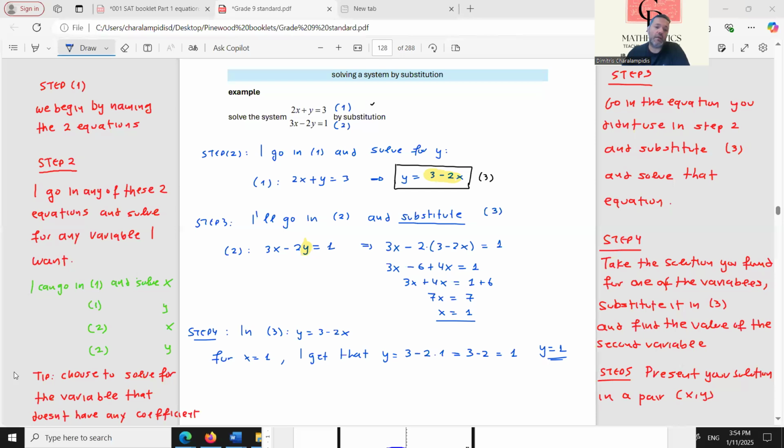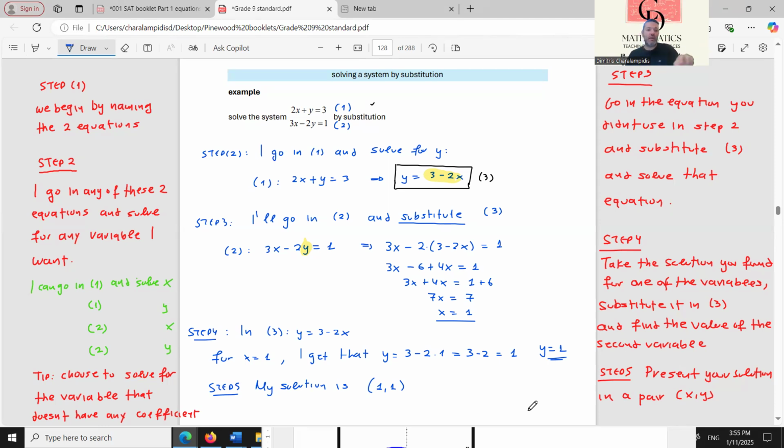So finally, in step 5, my solution is 1, 1. So here it is. Again, I name them. This will allow me to easily navigate among the solution, among the process of solving that, I mean. In step 2, it's totally up to me.